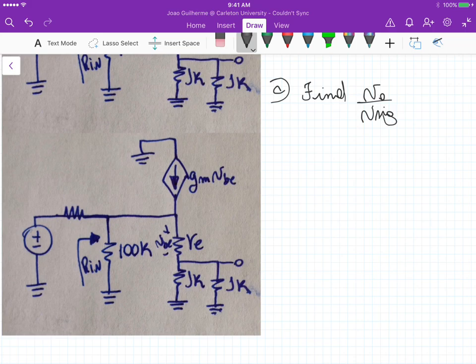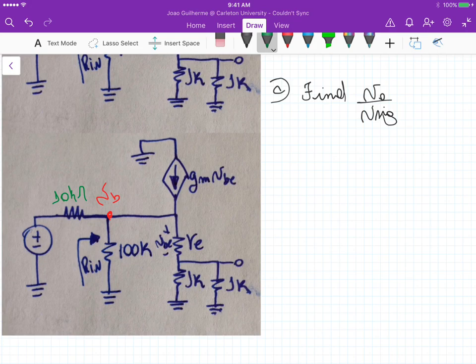Okay, and one thing is that if we look at this, this is VB. And for the signal resistance we have 10K. So this is 10K.